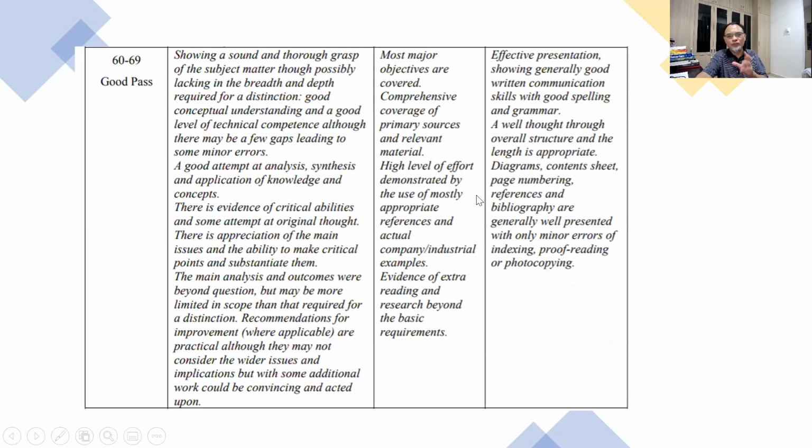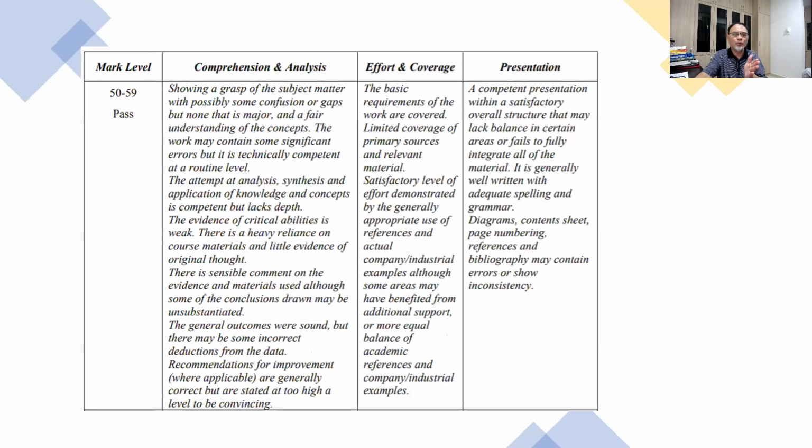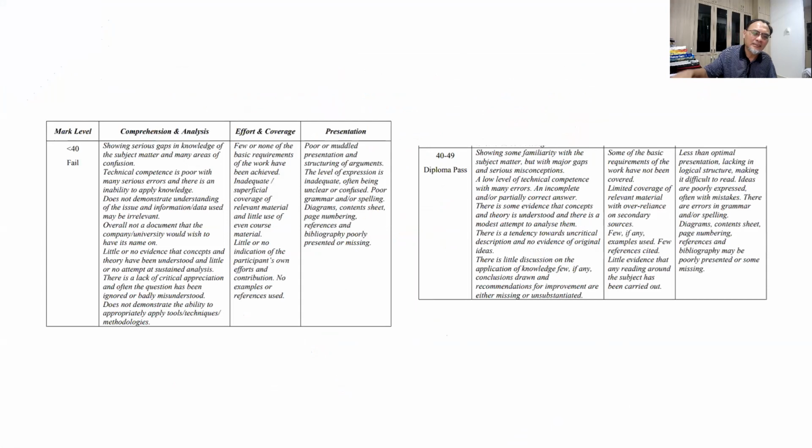So I hope you can see that the level of analysis, the level of explanation, the details, comprehensiveness, and criticalness will determine whether it is an excellent report or a poor report. Poor, it can go until failure.